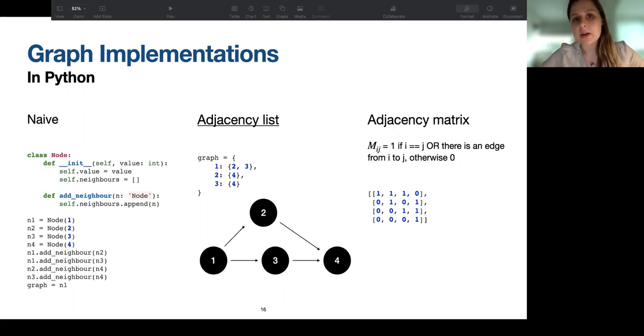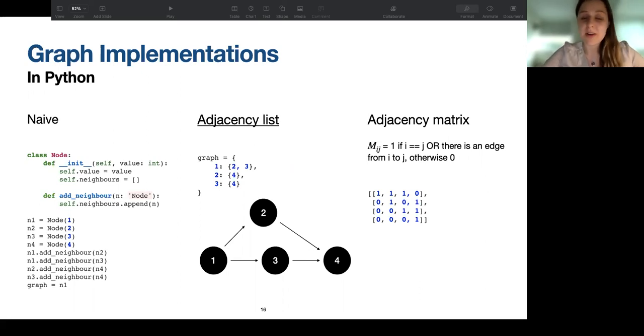However, there is one drawback of the adjacency matrix, and that is that it takes up quite a lot of space while it can be sparse, which means that if there are quite a lot of nodes in your graph, but not that many edges, you can have a lot of zeros in your matrix, and you will waste your memory, you will waste your disk space on storing this matrix, which is really mostly zeros. So it's not the most practical way to represent the graph.